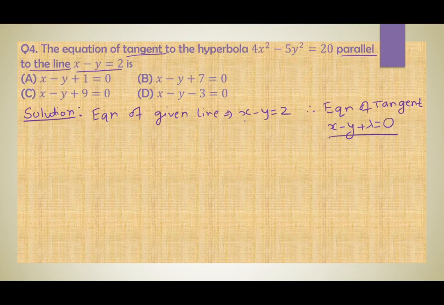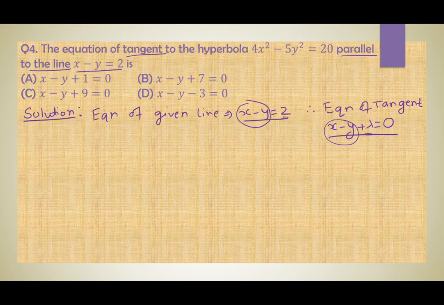Why is that? Because when two lines are parallel, their slopes are equal. So the x and y terms will be the same. Only the constant value changes. I don't know that constant, so I have assumed it to be lambda. So x minus y plus lambda equal to 0 is the form of the tangent.